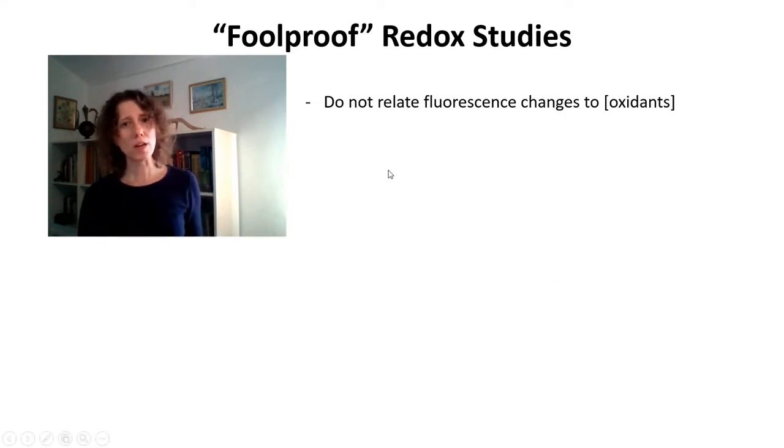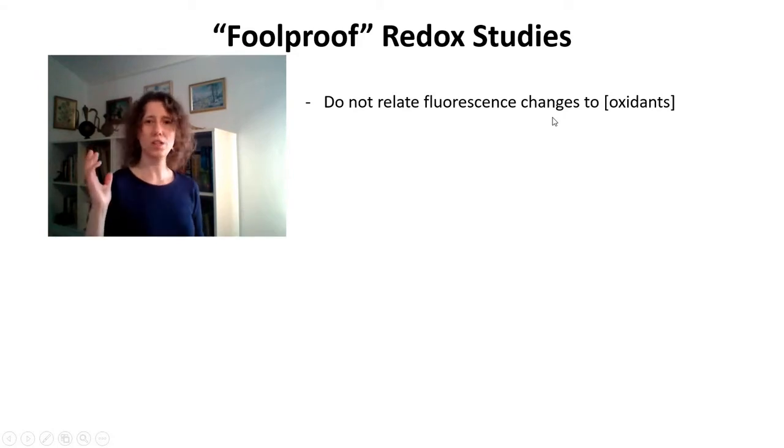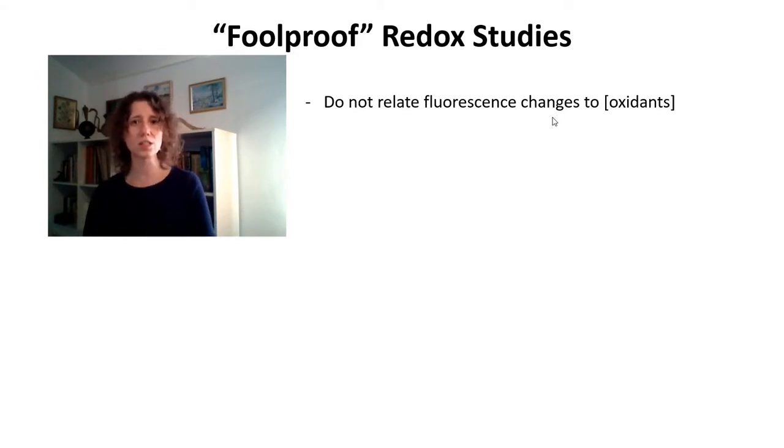So my recommendations in terms of studying mitochondrial oxidants are, first and foremost, please do not use a fluorescent probe in isolation and say that an increase of X% in fluorescence means an increase of X% in concentration of whatever oxidant you think you're measuring.